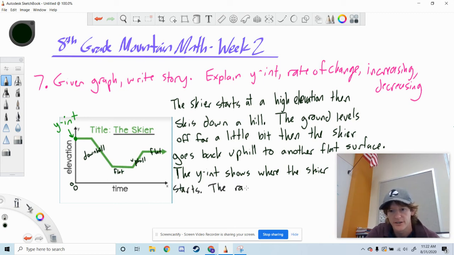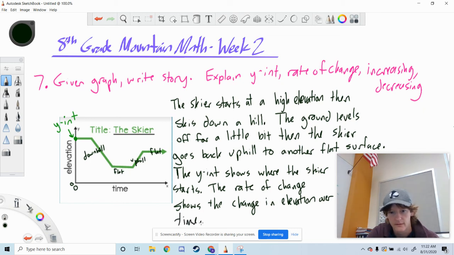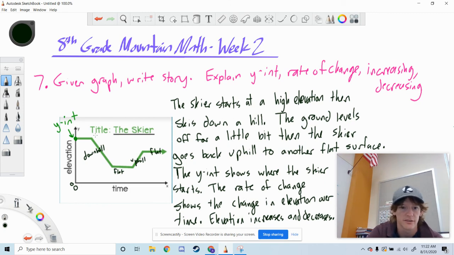The rate of change shows the change in elevation over time. Elevation increases and decreases. I think that kind of covers it.